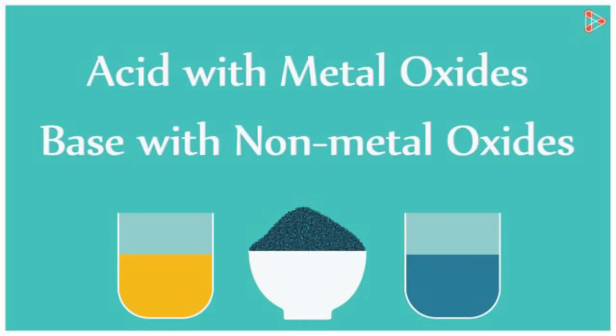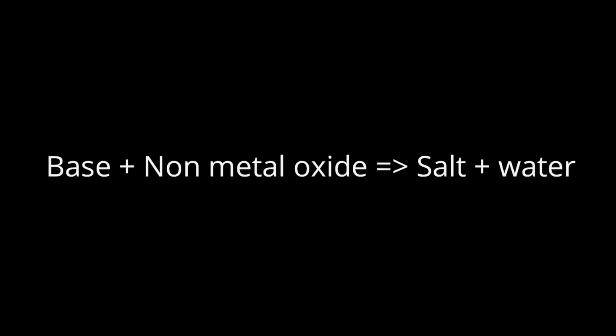Now that we've talked about the reaction of a metallic oxide with an acid, we now talk about the reaction of a non-metallic oxide with a base. When you combine a base with a non-metal oxide, it gives you salt and water as its products.